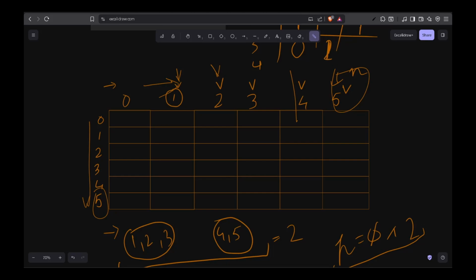So that means within the DFS function, if we are trying to move from one city to another, let's call the other city its neighbor. The value of the neighbor cannot be more than n. The value of the neighbor will also be within this range only. So within the DFS function, when we are trying to move from one city to its neighbor, we also have to iterate till n.